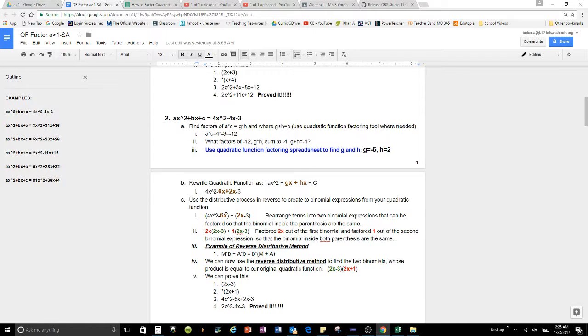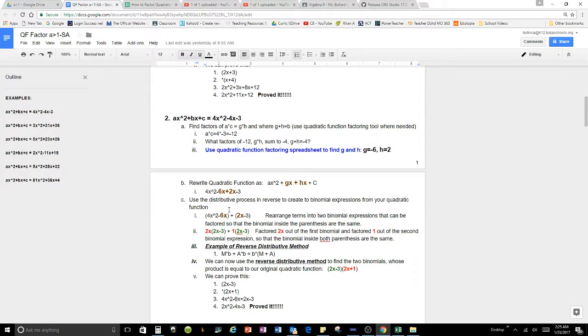But what happens is when you try to factor out terms from each of these, and if what's remaining is not the same like this, then you just have to switch them. And once you switch them, you will find that when you factor something from this term and you factor something from this term, you're going to get something inside the parentheses that is the same.